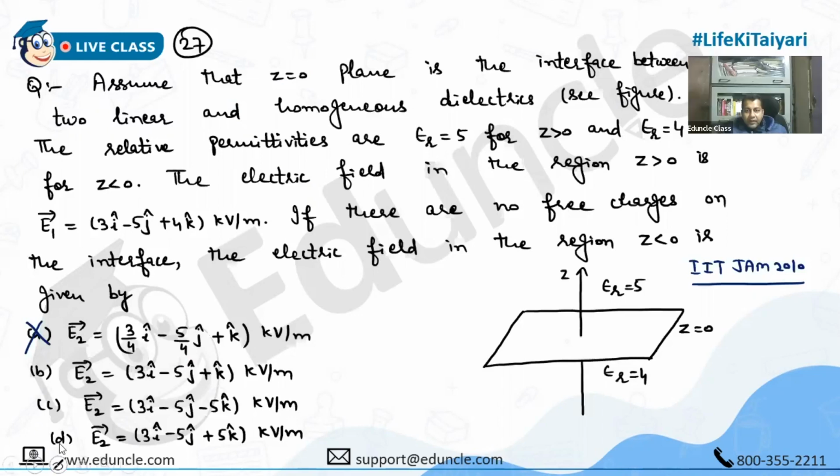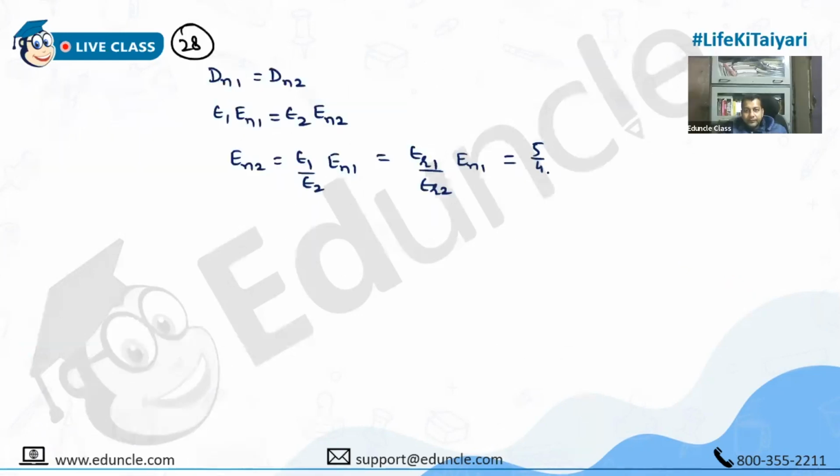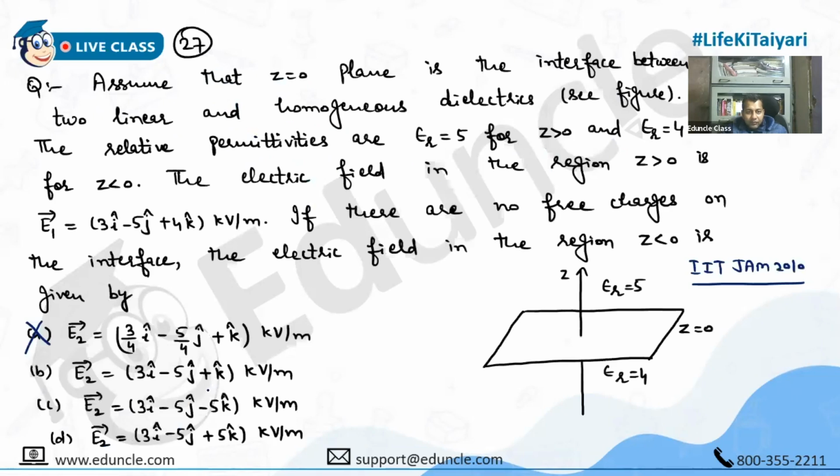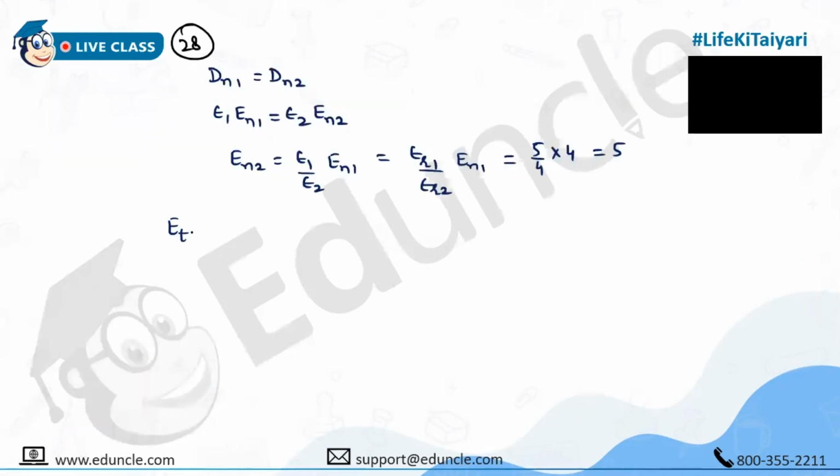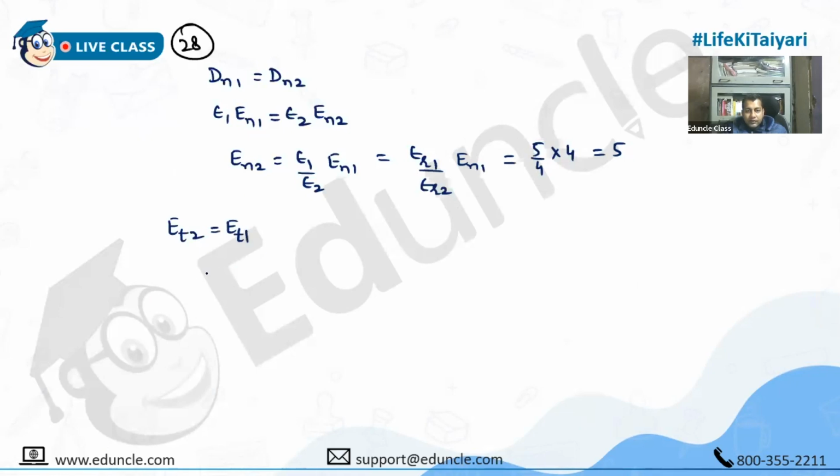So it will be plus 5 K cap. So option D, please check, because the normal component means along the Z axis. Clear? Yes, clear. E tangent 2 is E tangent 1. The tangential component remains constant.